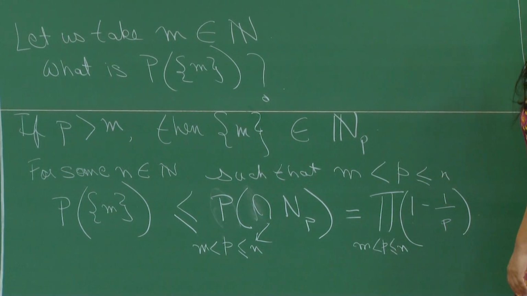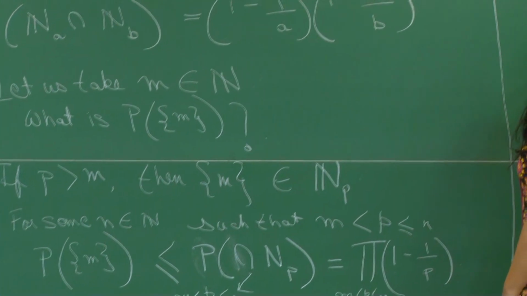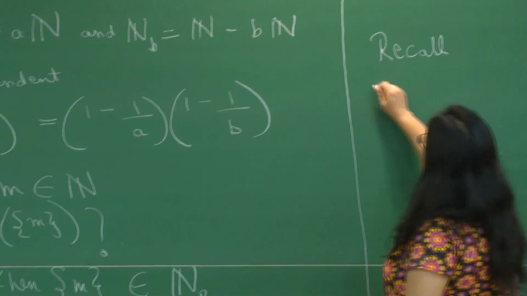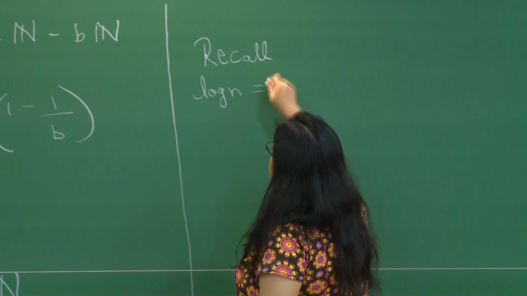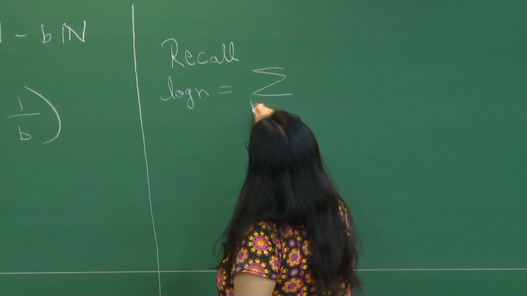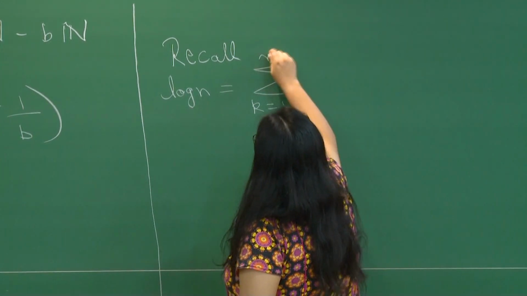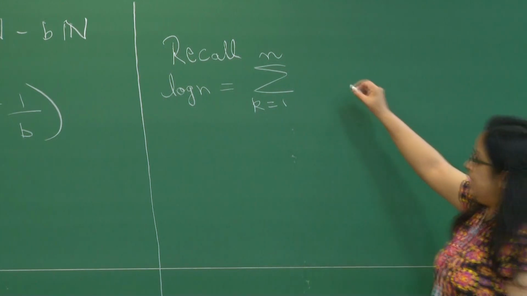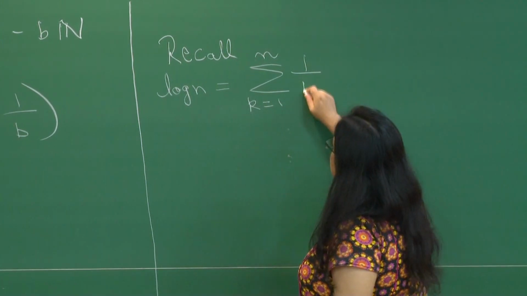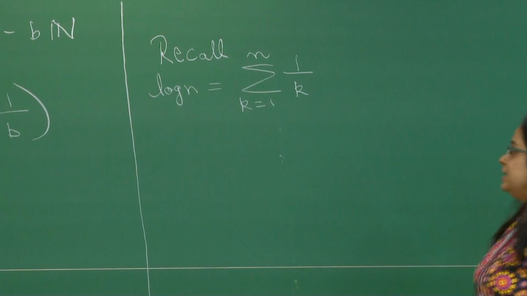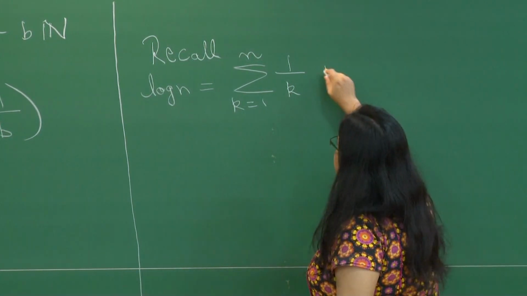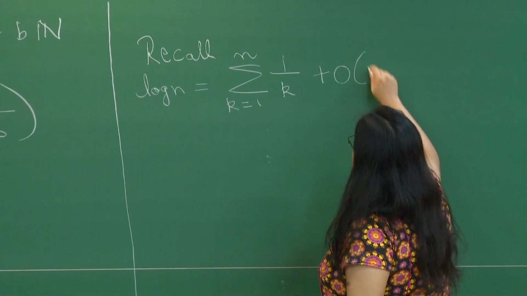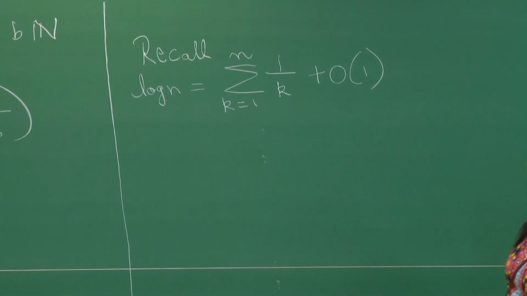Recall, you have log n, which by your integral test was equal to the sum of reciprocals of natural numbers up to n, give and take a small constant.